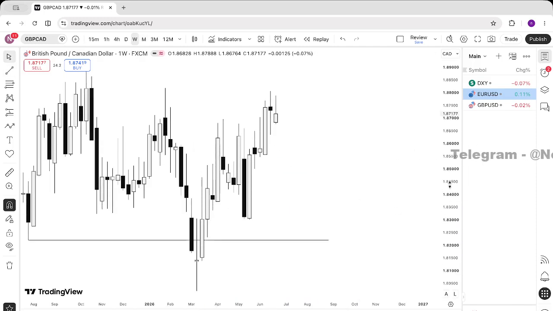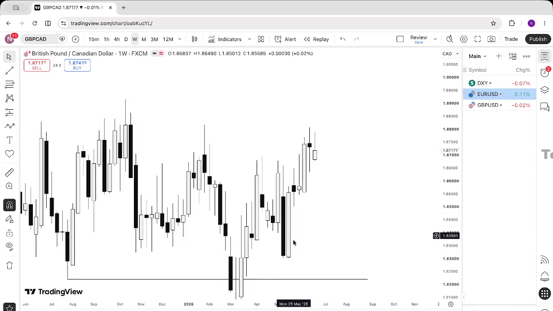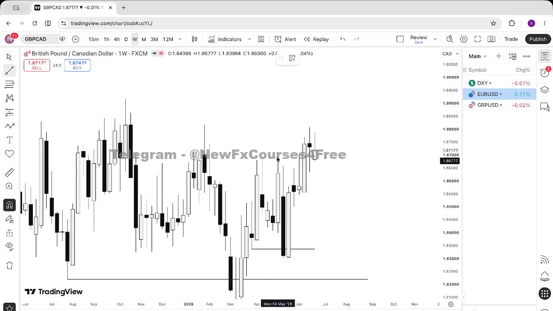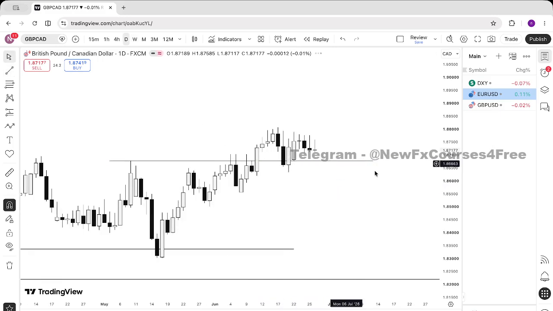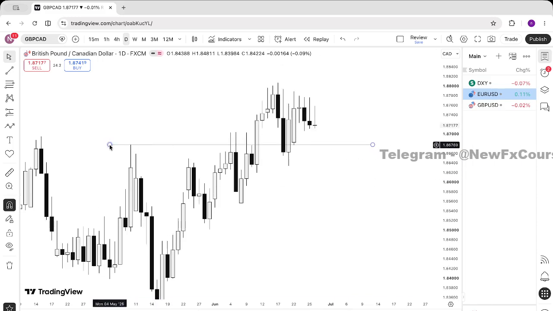On a weekly perspective, we're bullish. Why? We're rejecting lows, closing through highs. Okay. What key levels do we have? Well, we have a weekly breaker here.